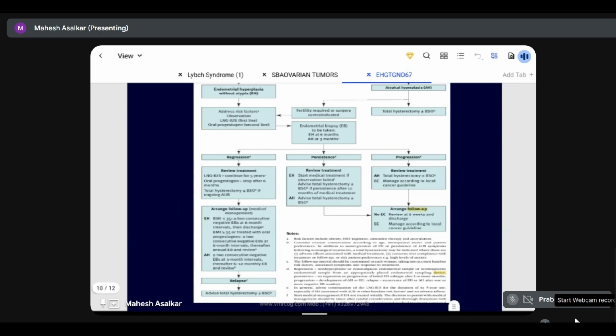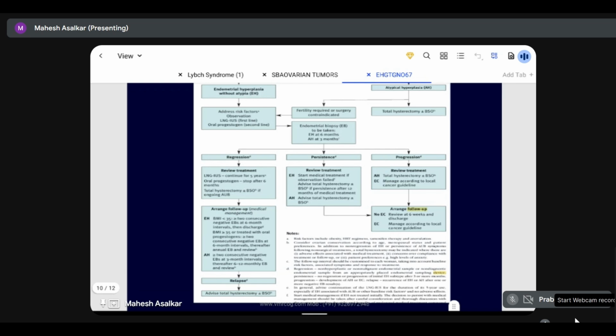So what kind of scenario is it? You may be given a lady who has not opted initially. She has declined the progestogen treatment and she preferred to have observation. Then during surveillance, it was noted that her endometrial hyperplasia is persisting. In that case, what is required? Because she was on observation, we will start with the medical management.